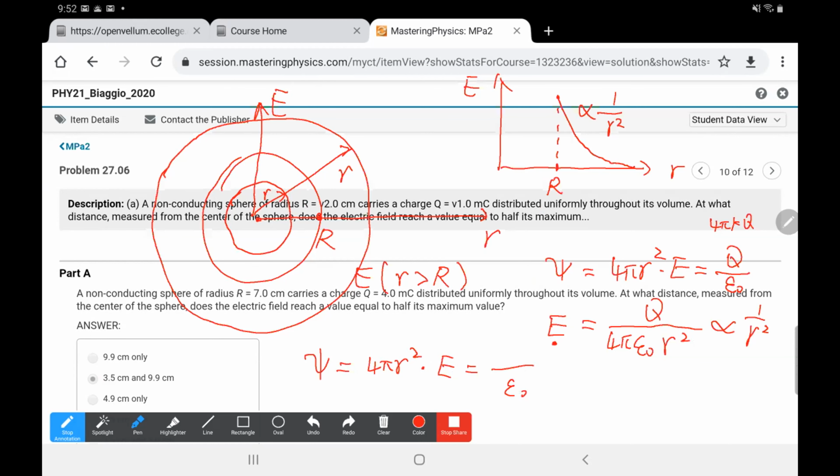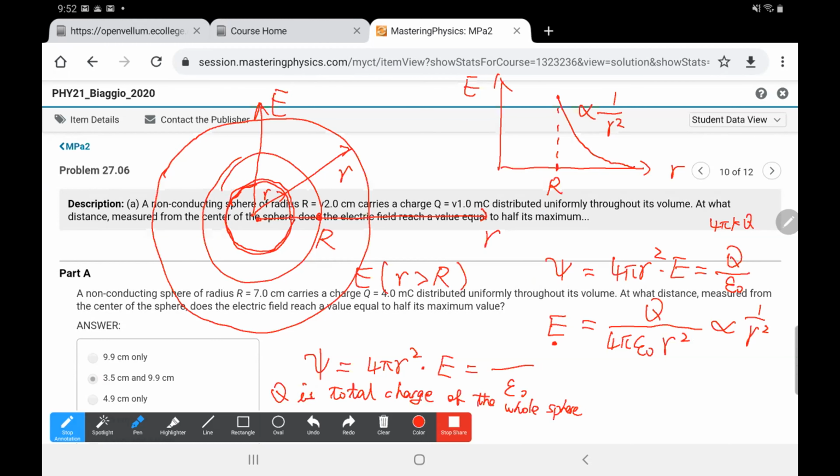But be careful, the charge is not Q. Q is the total charge of the whole sphere. Now, the sketched circle here is just a part of this sphere. It's not all of the sphere.